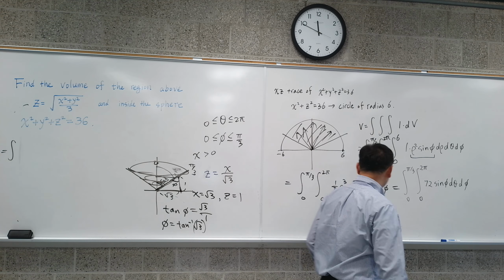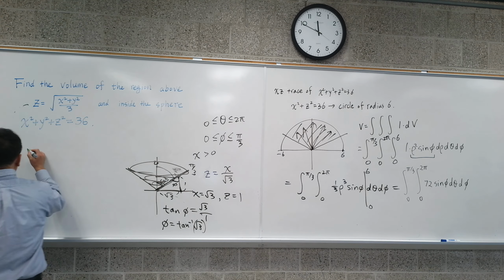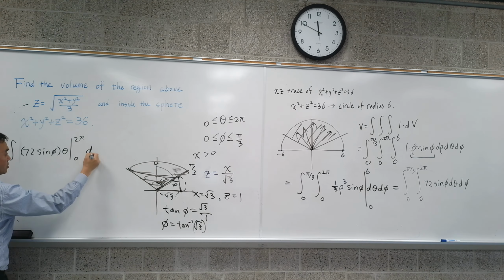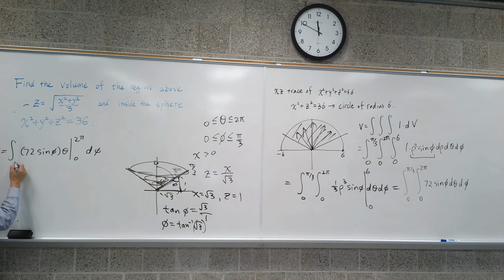So this becomes 72 sine phi. These are just constants, and theta gets multiplied, and you plug in 2 pi and 0. You still need to integrate by d phi, which goes from 0 to pi over 3. When 2 pi is plugged in, 2 times 72 is 144.